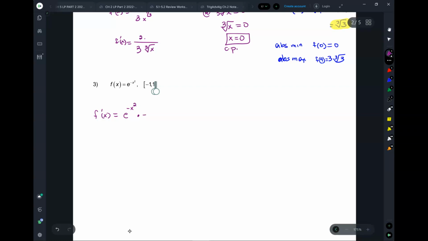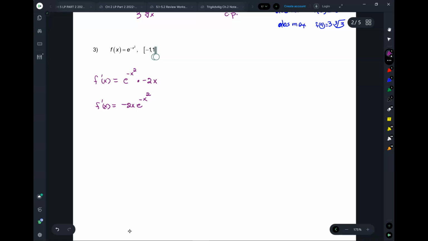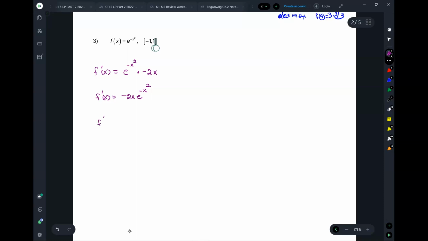So it becomes negative 2x. Okay, so now, where is this equal to 0? When x is 0.